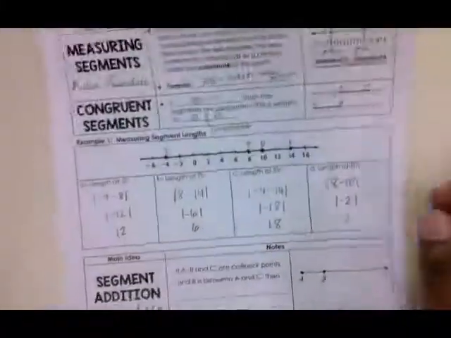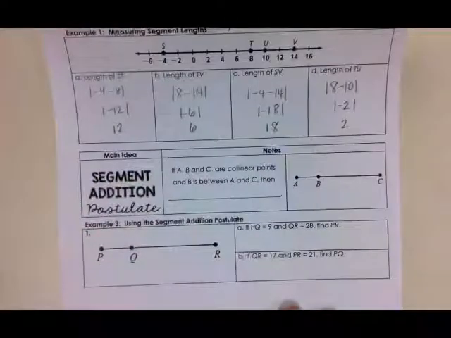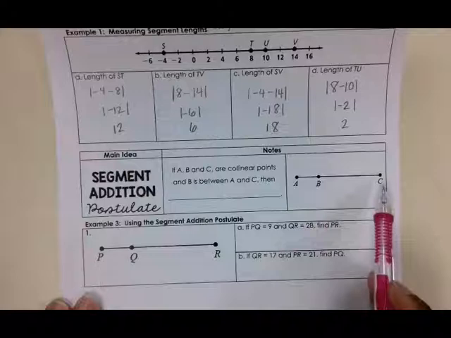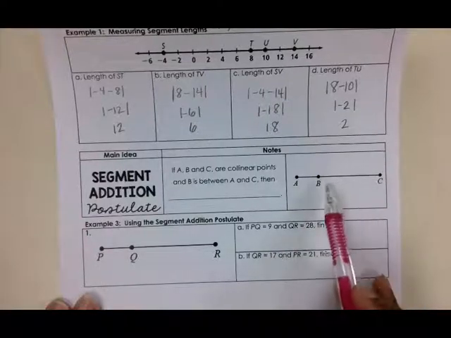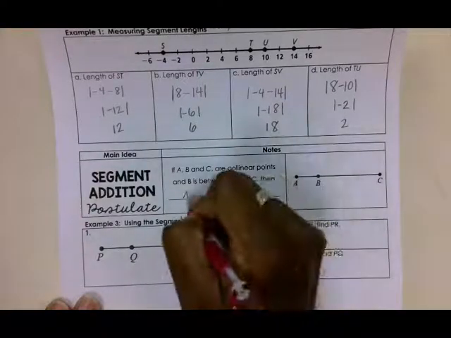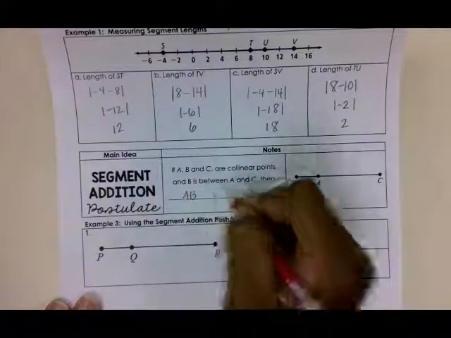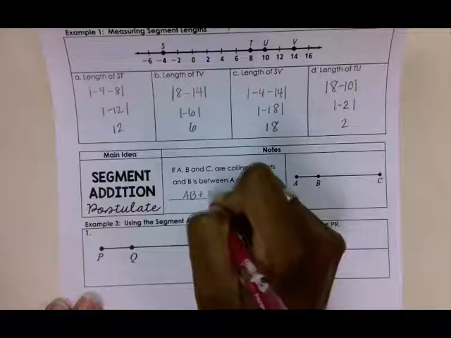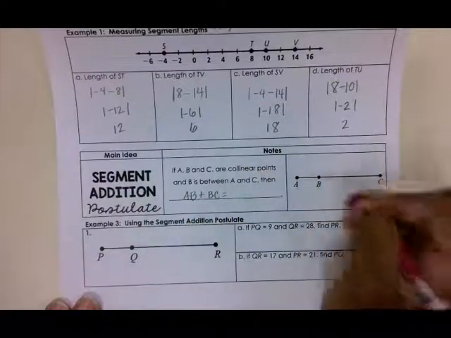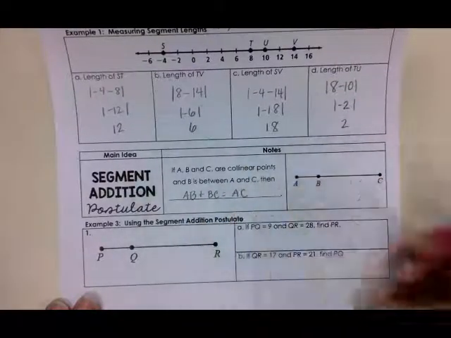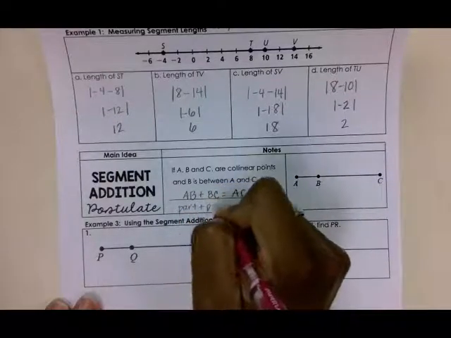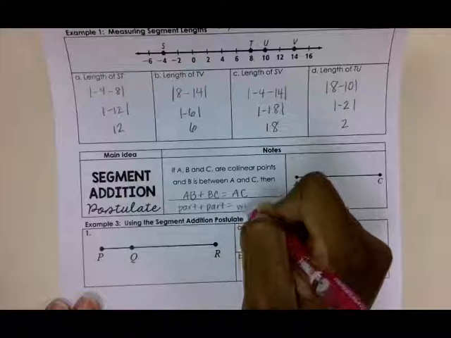Okay? Alright, now we have the segment addition postulate. That says if I have 3 points in a straight line, and one of those points is between the others, then I can take AB, this segment length, plus BC, that segment length, and that equals AC. I like to think of this as part plus part equals whole.